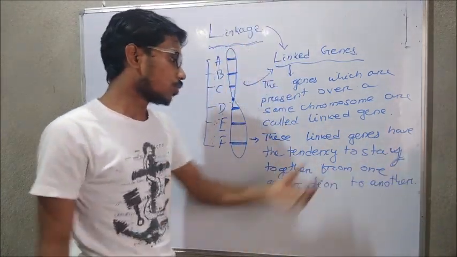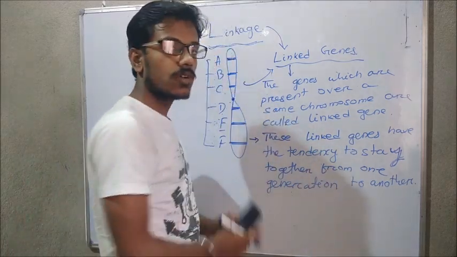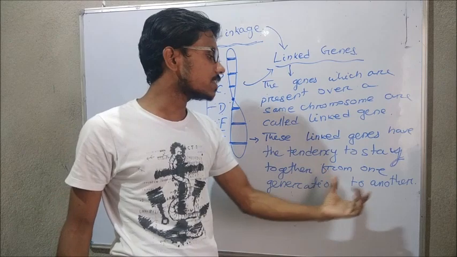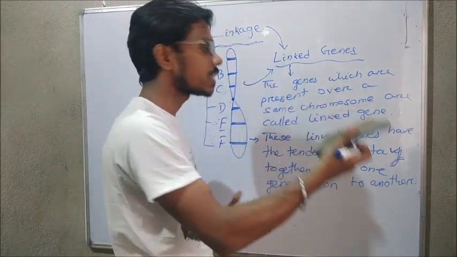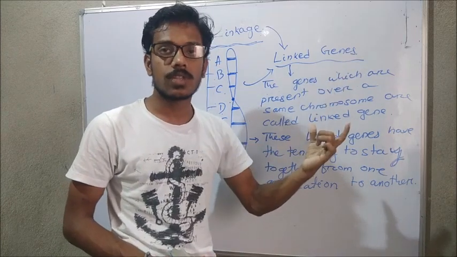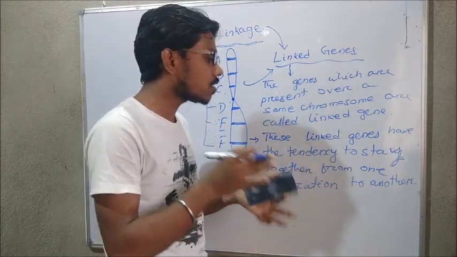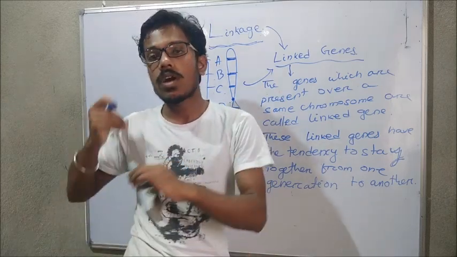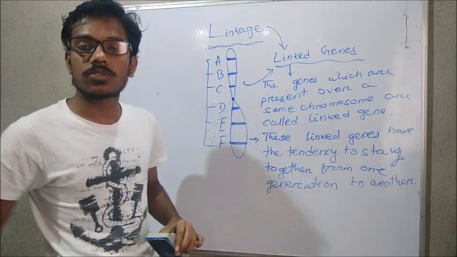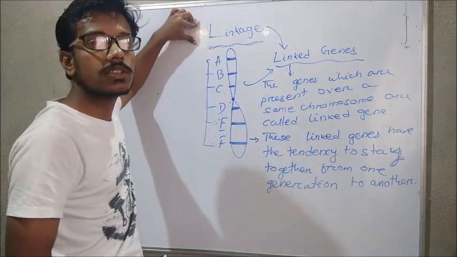When the linked genes are transferred from one generation to the next, the ability of these genes to stay together while transferring from one generation to another generation is called linkage.